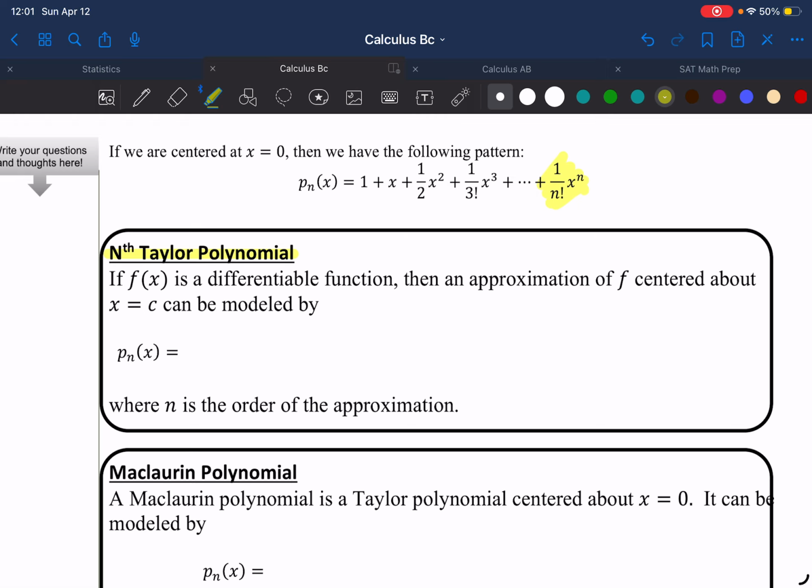So it says if f of x is differentiable, which means we can take the derivative, then an approximation of f centered about x equals c can be modeled by the following equation.